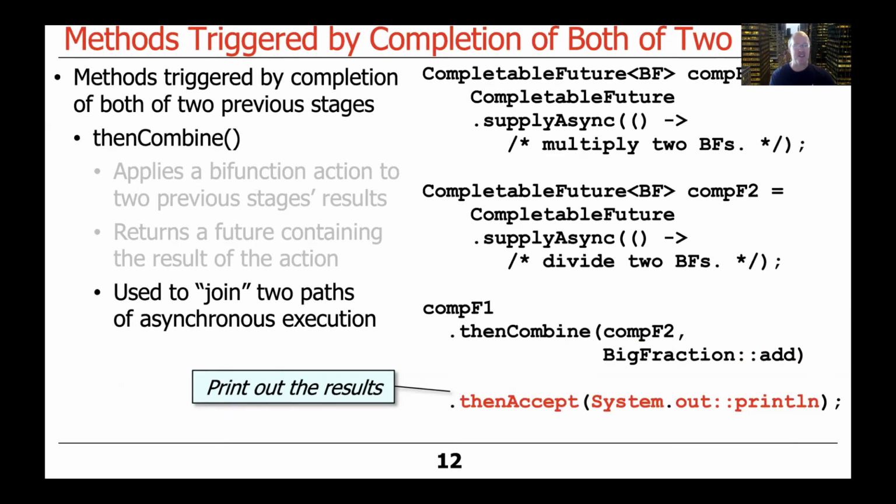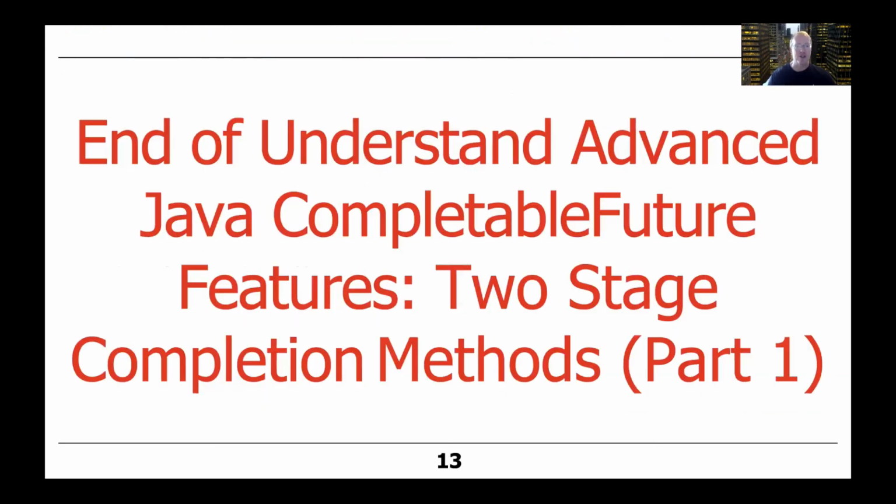So again, kind of think of this as joining two streams together, two flows of asynchronous computation together to produce a single reduced result. So that's the end of the first part of the two-stage completion stage methods, which in this case was the logical AND version. What we're going to look at next, of course, is going to be the version that does logical OR.